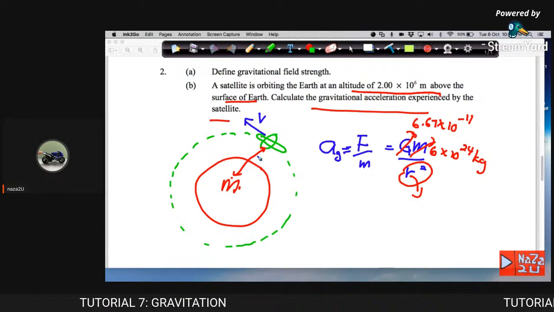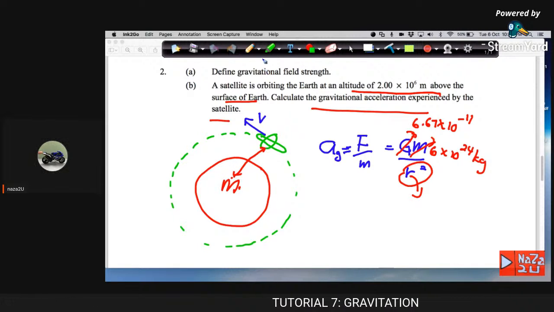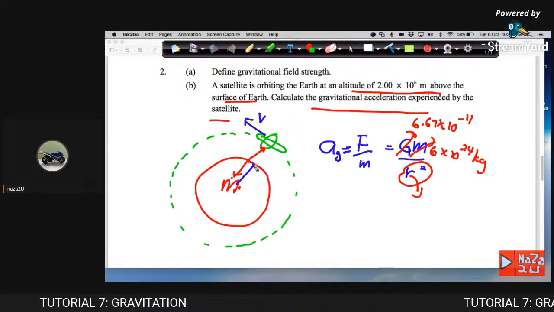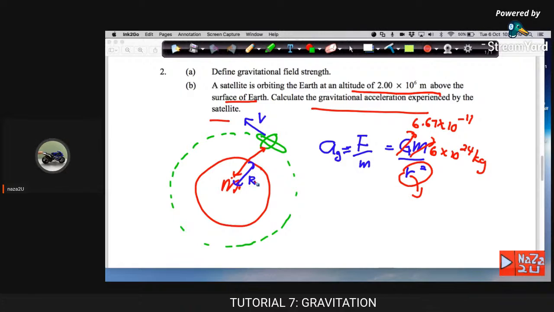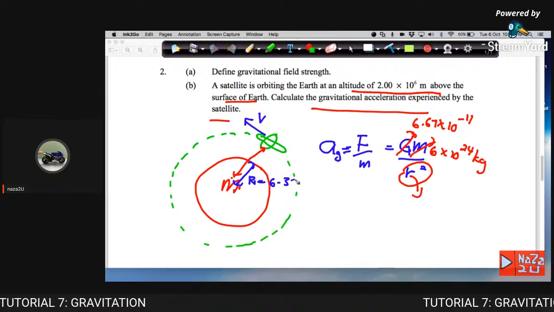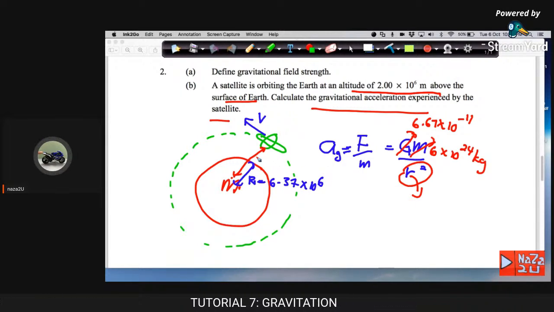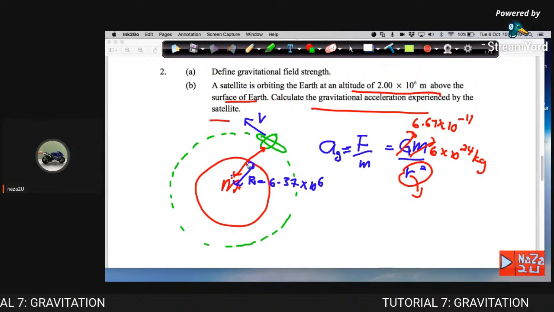R dia ni adalah daripada pusat bumi ke satellite. Tapi dari pusat bumi, the center of the earth to the earth surface adalah jejari bumi, iaitu constant, iaitu jejari bumi kita ada berapa? 6.37 exponent minus 6. Tapi jarak yang kita nak ukur kat sini, jarak di antara pusat bumi ke satellite.